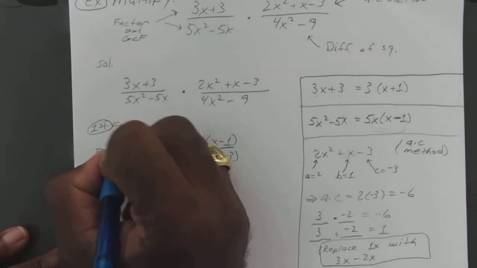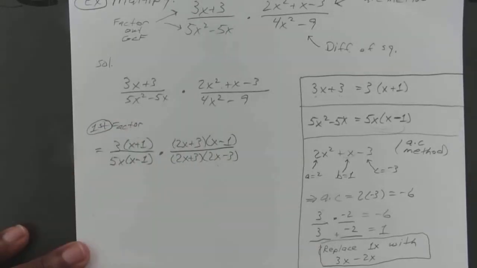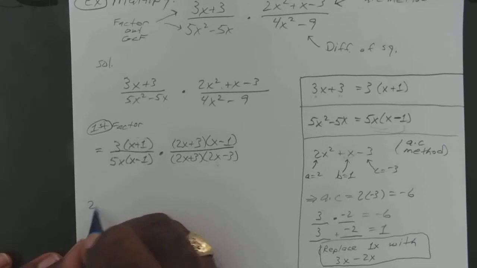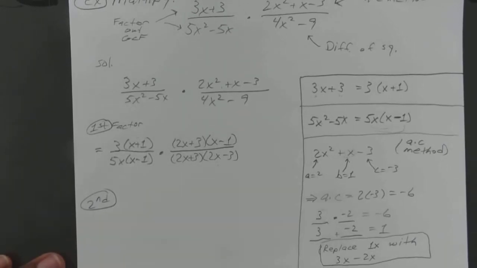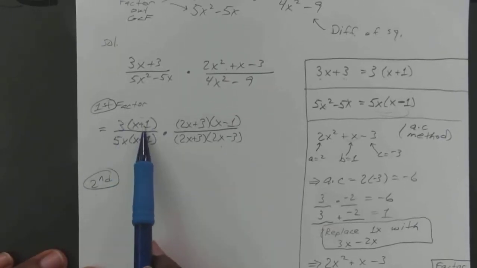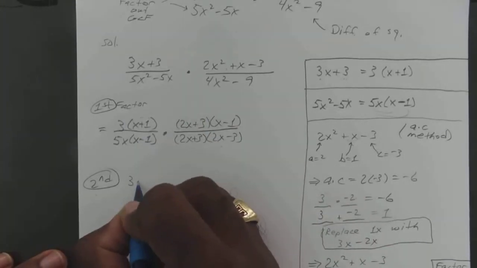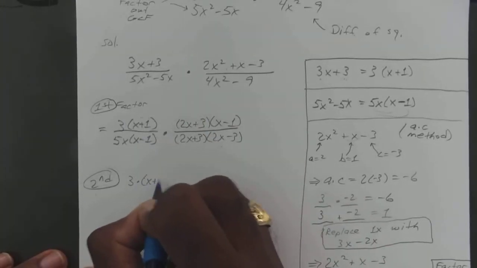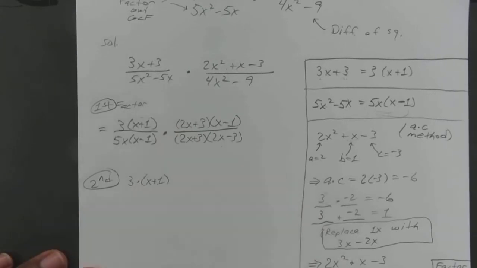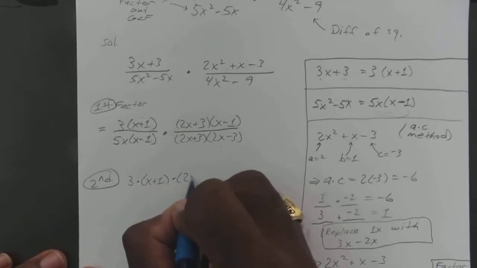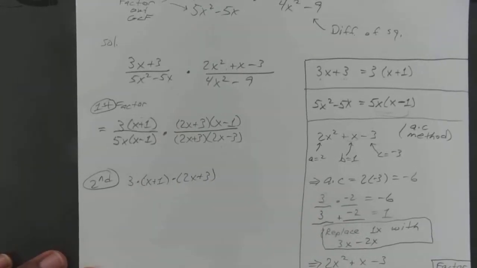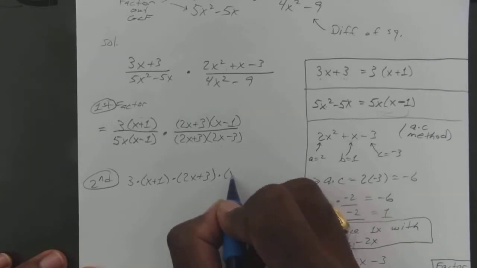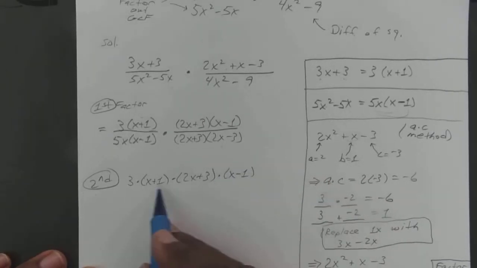Okay. So we factored it. This is your first step. Then your second step, you're just going to multiply it across. So you have 3 times x plus 1 times 2x plus 3 times x minus 1.